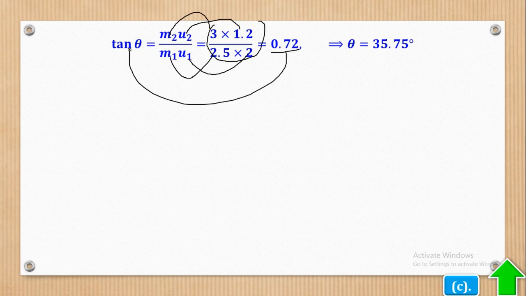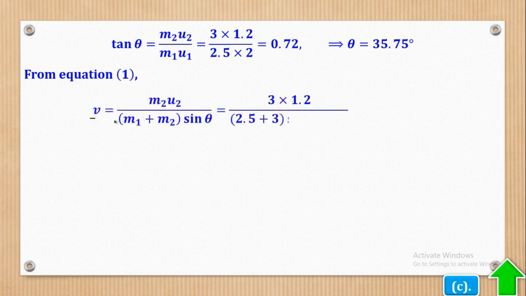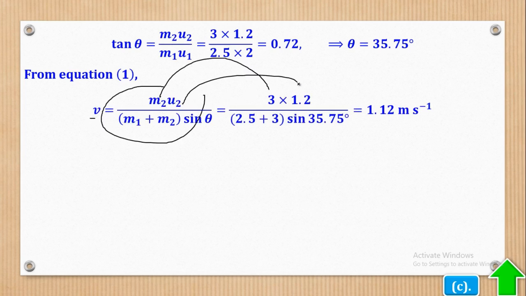Therefore, arctan of 0.72 gives me the value of theta, which is 35.75 degrees. Therefore, from equation 1, we shall say that V will be equal to, when I make V the subject, I'll come up with this expression. Therefore, substitute for M2, U2, M1, M2, and theta.